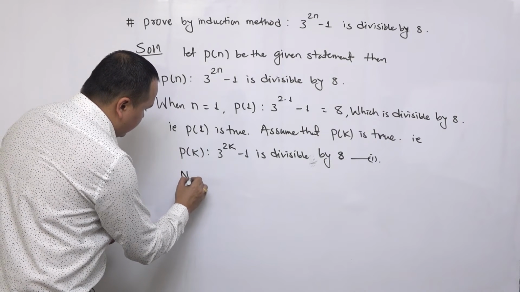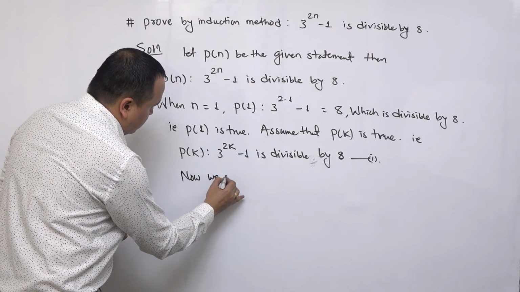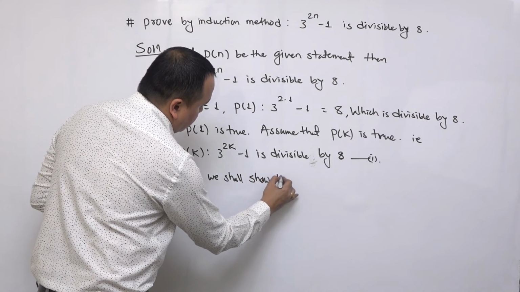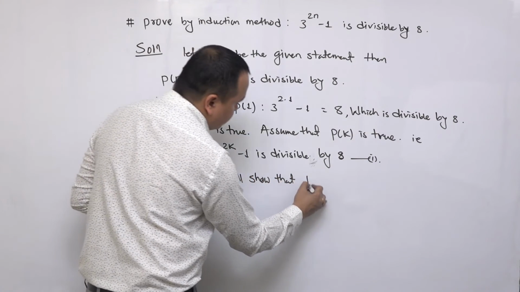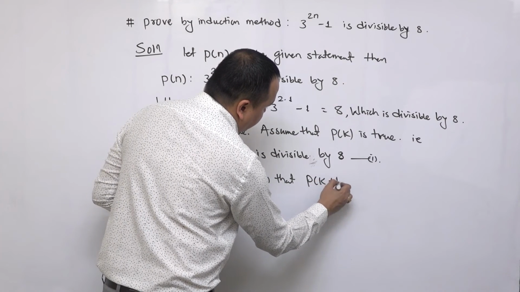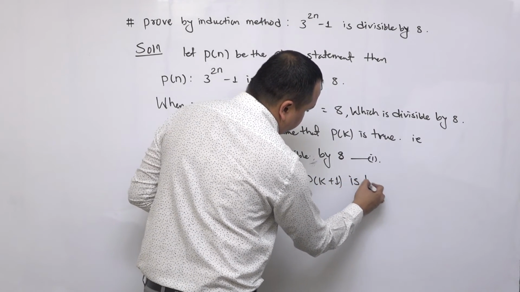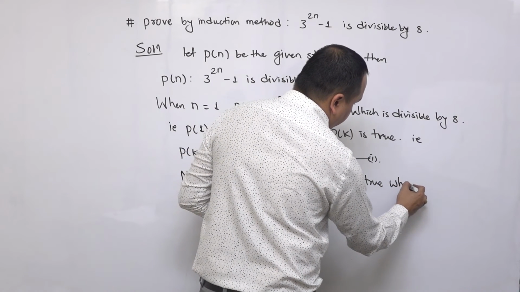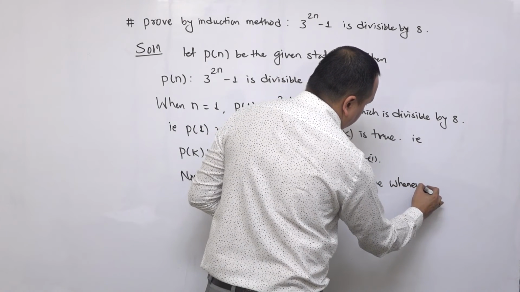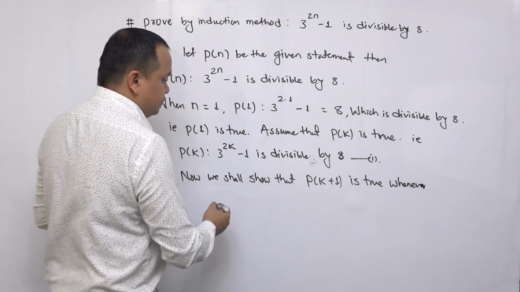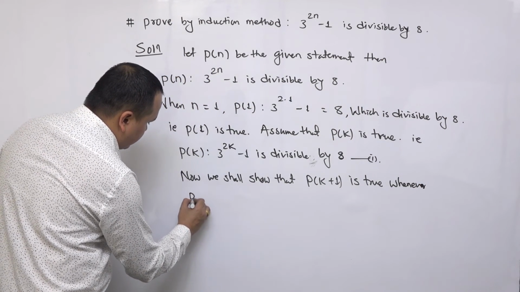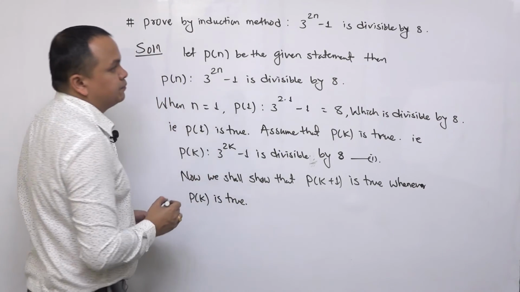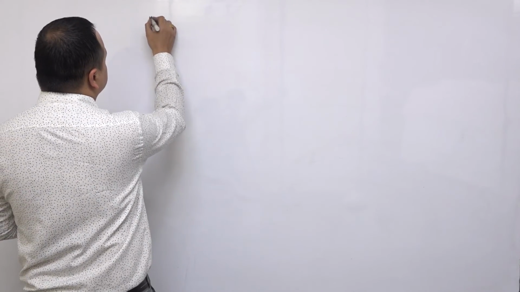Now we shall show that Pk plus 1 is true whenever Pk is true.